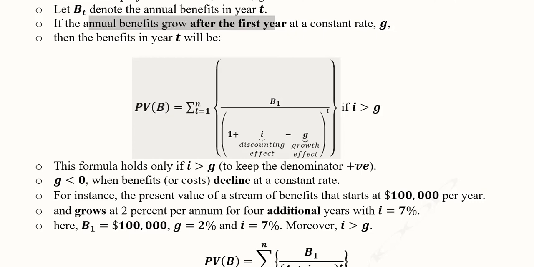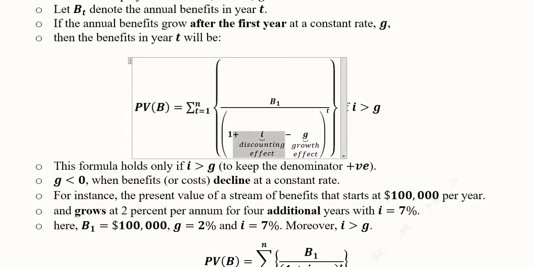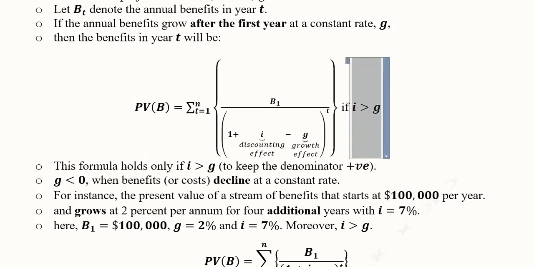This is the formula where we are trying to discount the initial benefits in this way, where we have this term which is the usual term in the discounting process. However, the growth effect has been introduced by subtracting the growth rate from this term. So this is the growth effect and this is the discounting effect. Here, if i is greater than g, then this formula holds because it will keep the discounting effect valid.